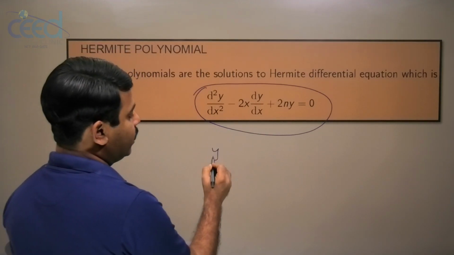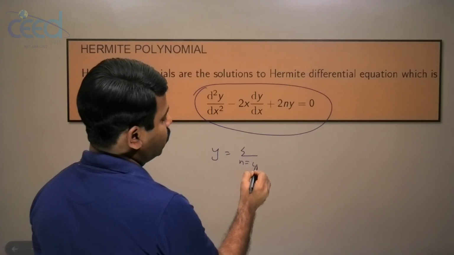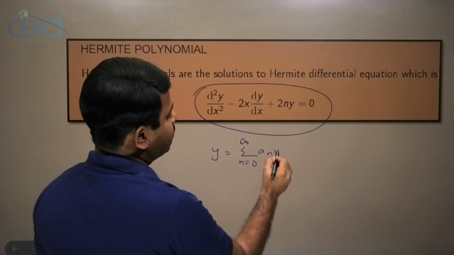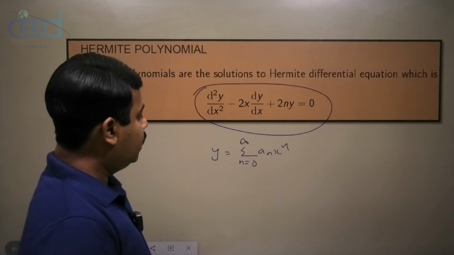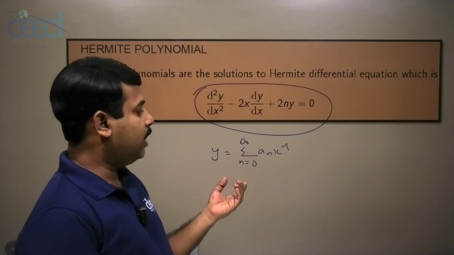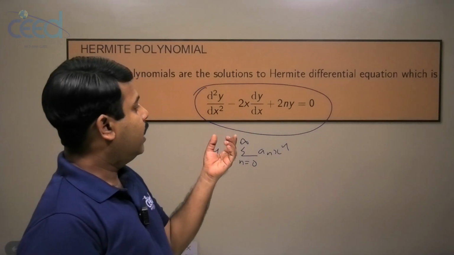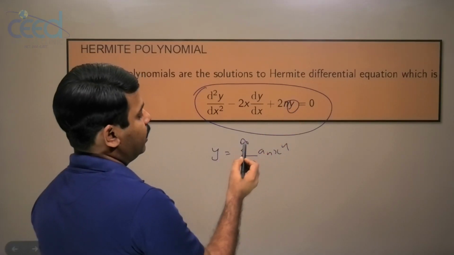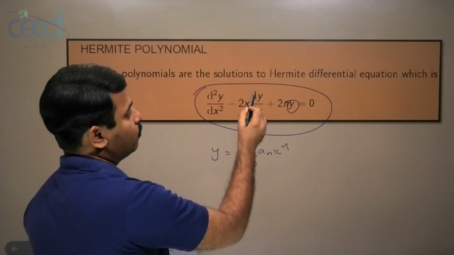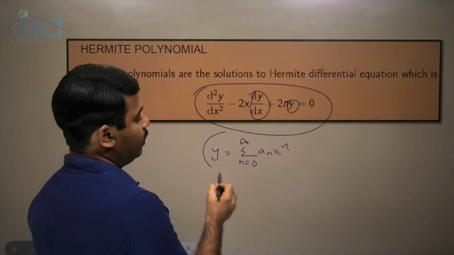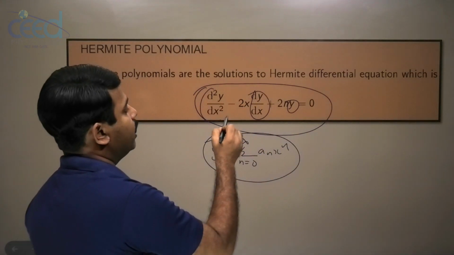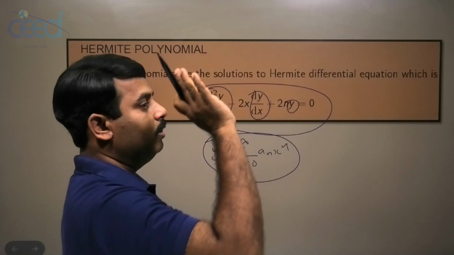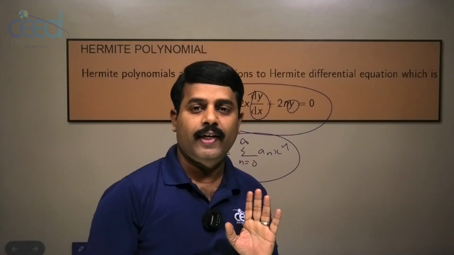We imagine y is equal to sigma n is equal to 0 to infinity a n x raised to n. Now we find y dash and y double dash, put these values here, by differentiating and double differentiating, and then generalize the expression.